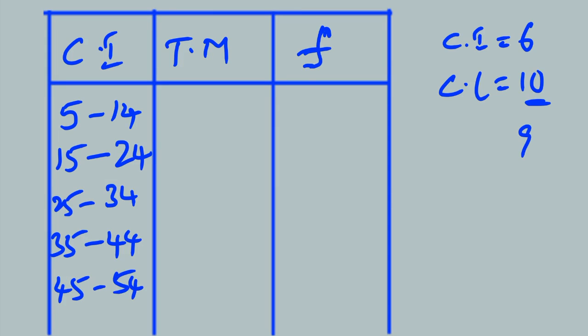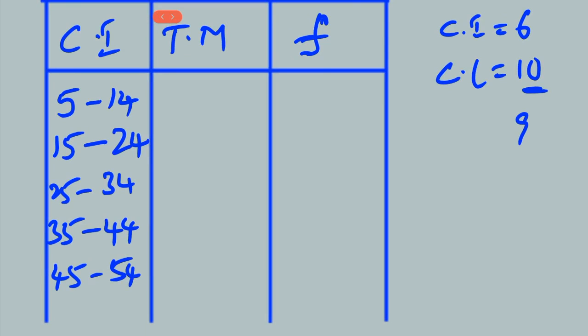Then finally 55 plus 9 becomes 64. In this, the minimum value and maximum value both must be covered. The minimum value 5 is in the first class interval, and 63, the maximum value, is in the last class interval.